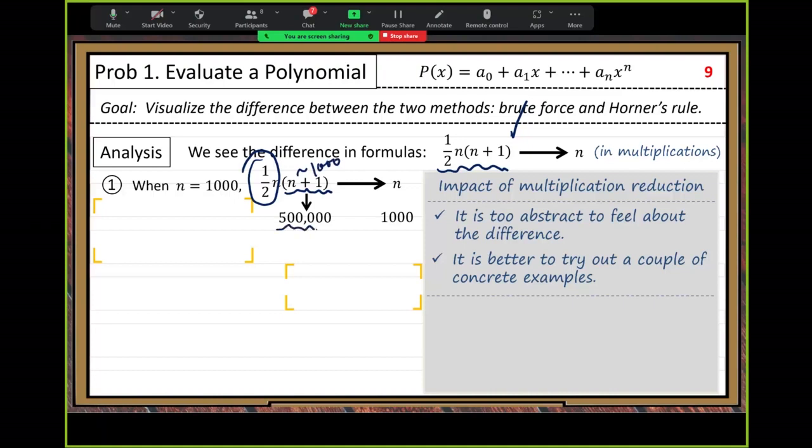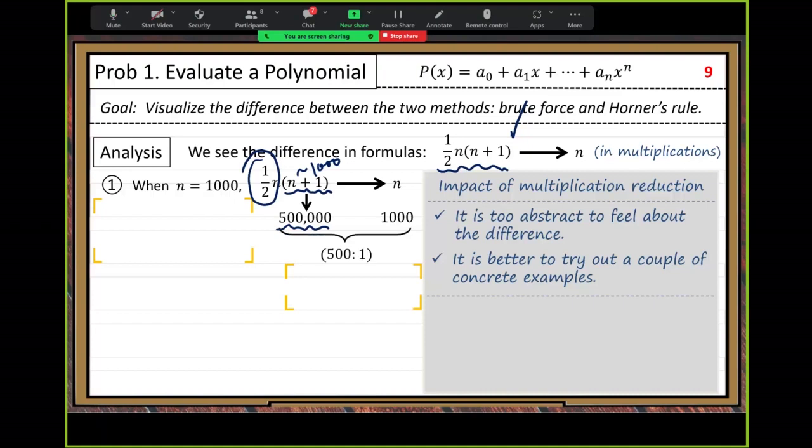Then we get this approximation number, 500,000. The difference is relatively small, so we do not need to write the exact number.